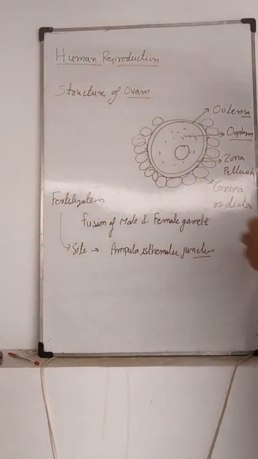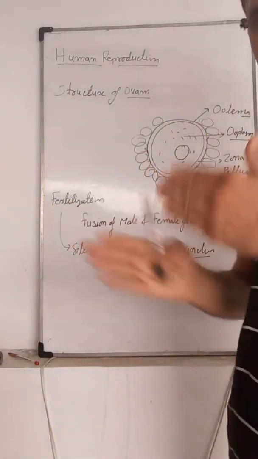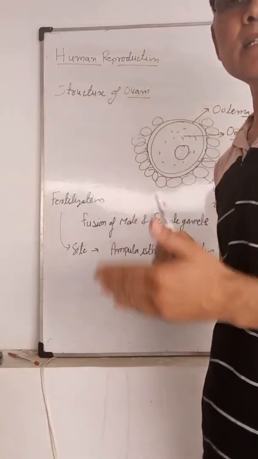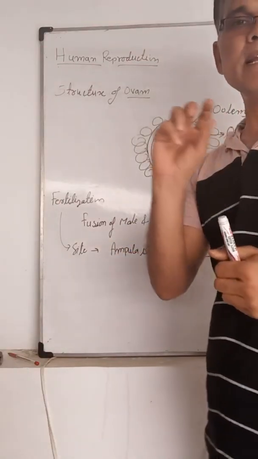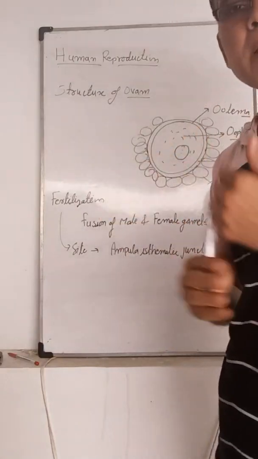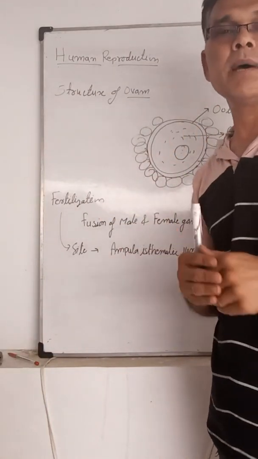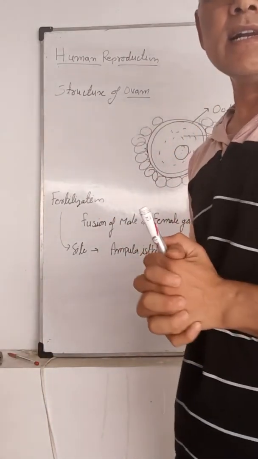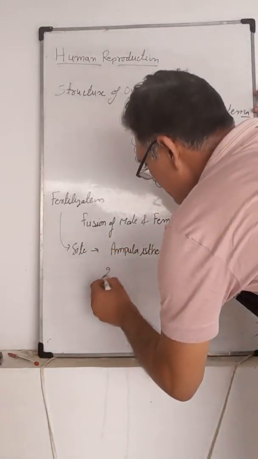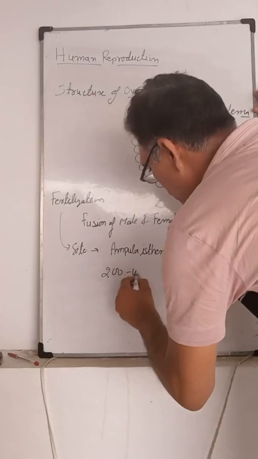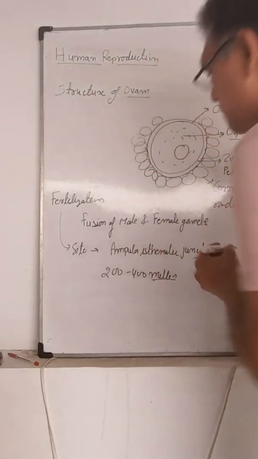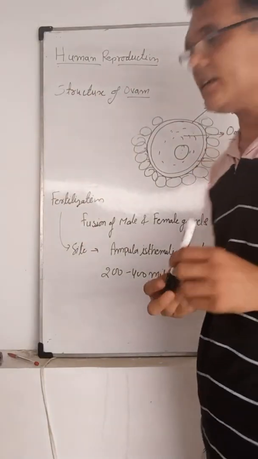After mating, the male releases sperm inside the female genital tract. That process is known as spermiation. The male releases about 200 to 400 million sperm, contained in 3 ml of semen, inside the female genital tract.